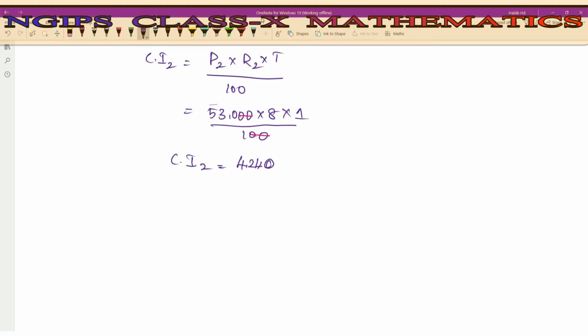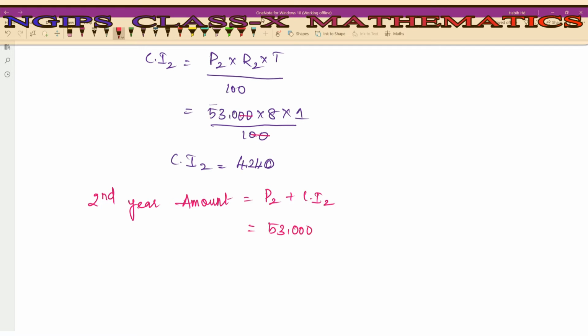Now we will calculate the amount. So the second year amount is equal to the second year principal plus the second year compound interest. The second year principal we have is 53,000.